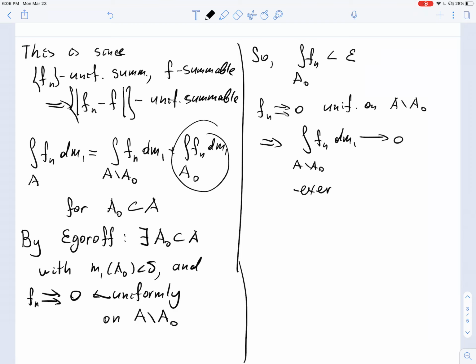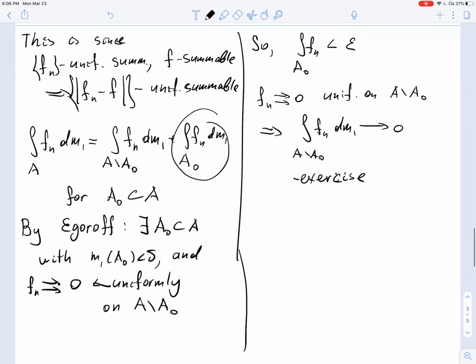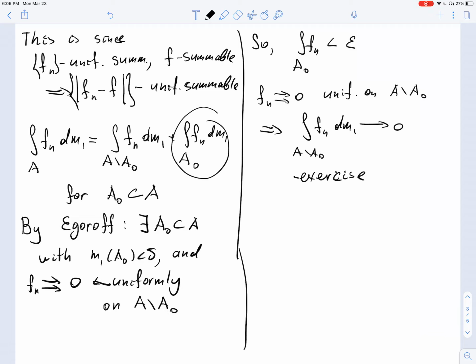That's what you probably did as an exercise when you took some advanced analysis class. So your first or second proof-based class definitely should have contained this. I'll leave it as an exercise, but uniform convergence is very strong. So uniform convergence implies that we can interchange limit and integration. And so we win.